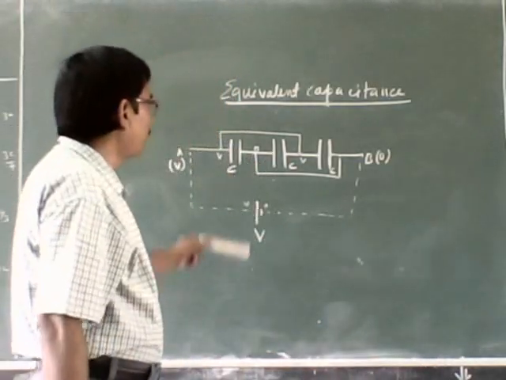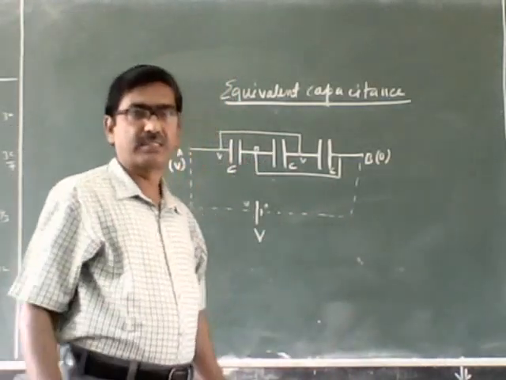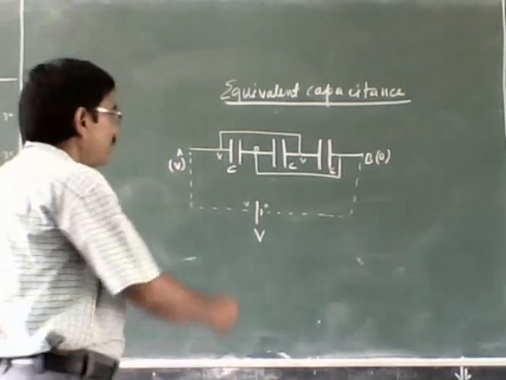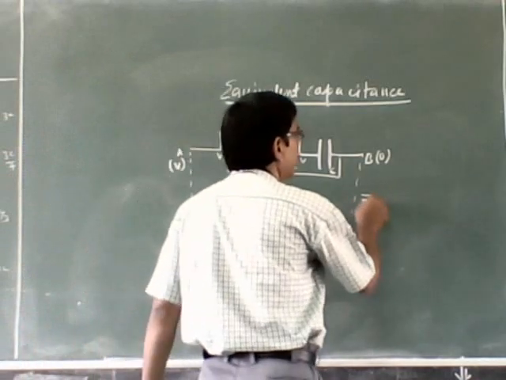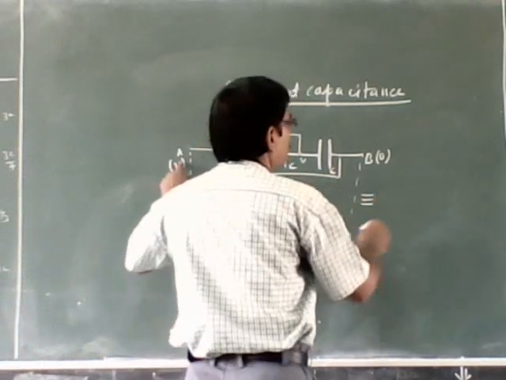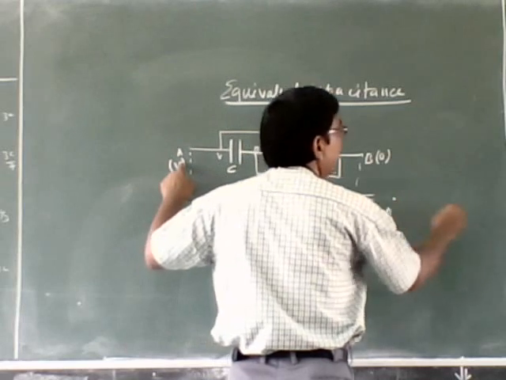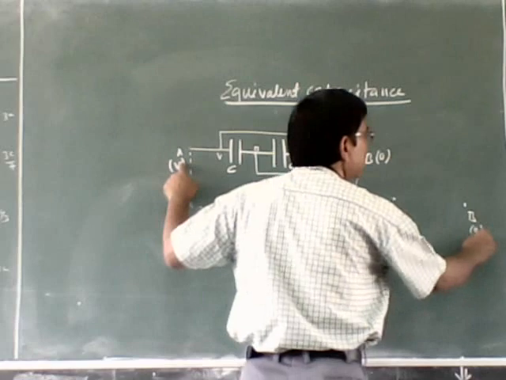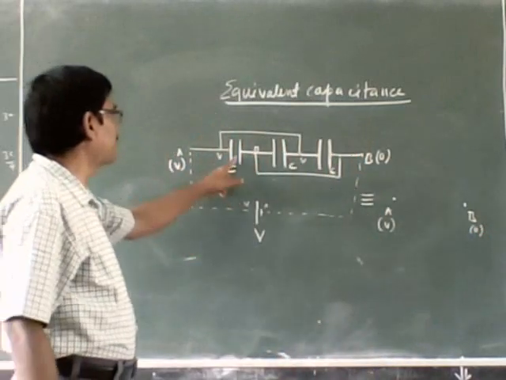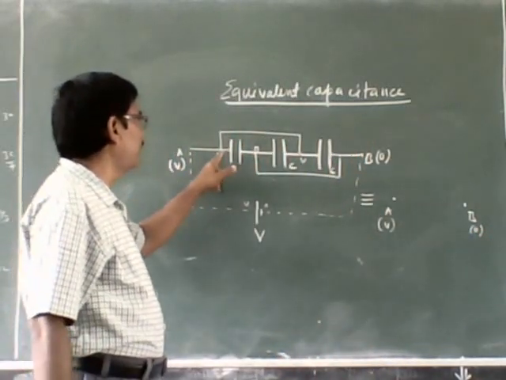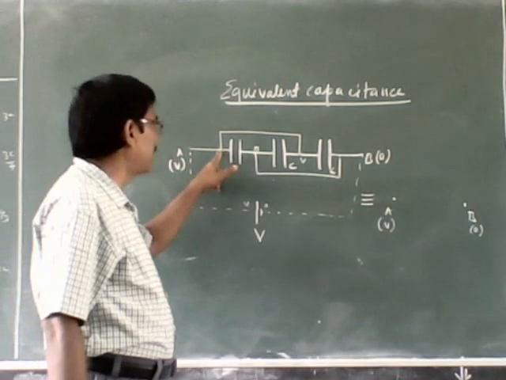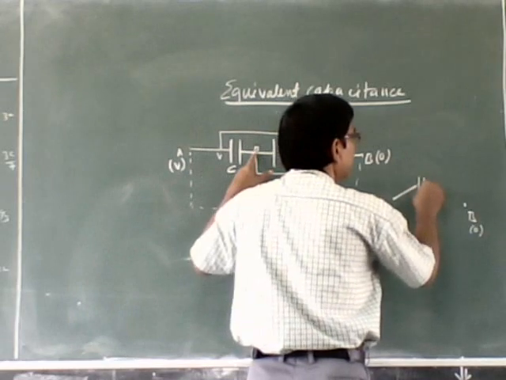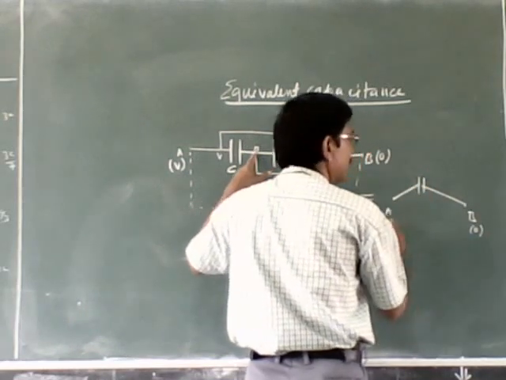Now we have to draw the equivalent circuit first, and then find the equivalent capacitance. The equivalent circuit is: this is point A at potential V, and this is point B at potential 0. The first capacitor, with capacitance C, is connected between potential V and 0.